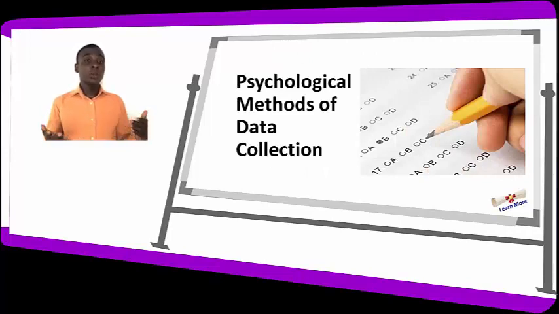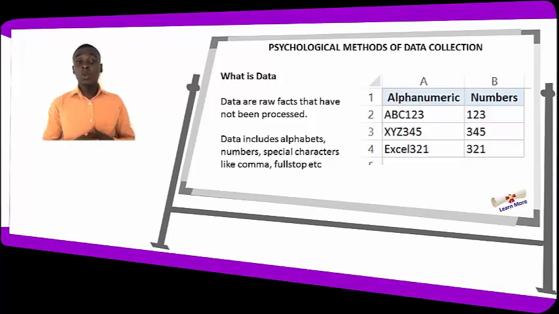So I can ask this question: what is data? Data are raw facts that have not been processed. I would want you to get this definition very well, so that you can understand what we are trying to say in this lesson.